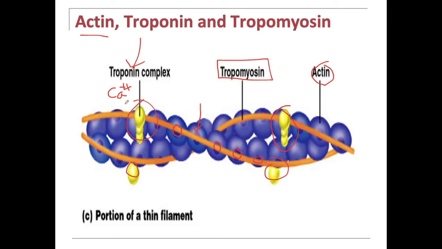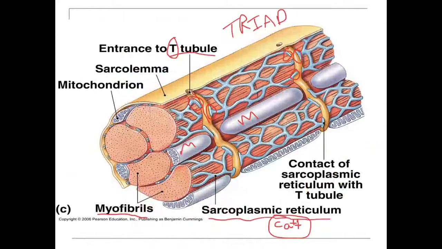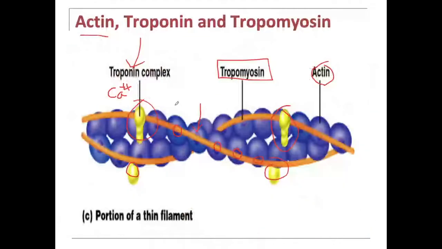So when the sarcoplasmic reticulum, that blue meshwork, releases calcium, what's deep to it are the actin and myosin. In these myofibrils, we have lots of actin and myosin. So what's happening there is now calcium plucks out the troponin, the tropomyosin shifts, and now these binding sites become available for these myosin heads to attach.